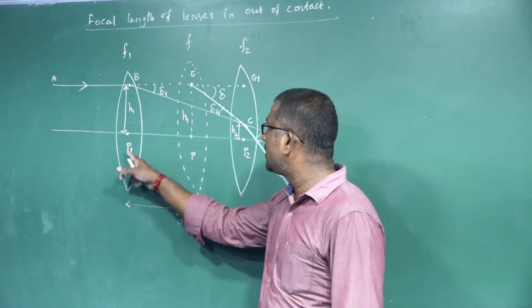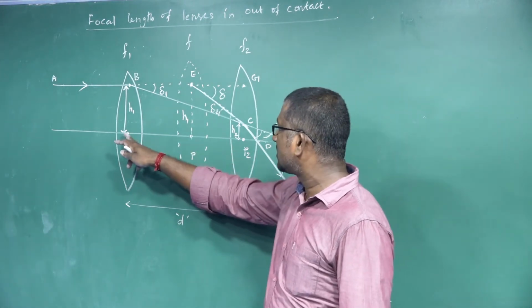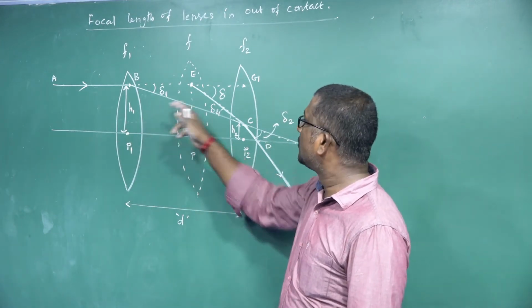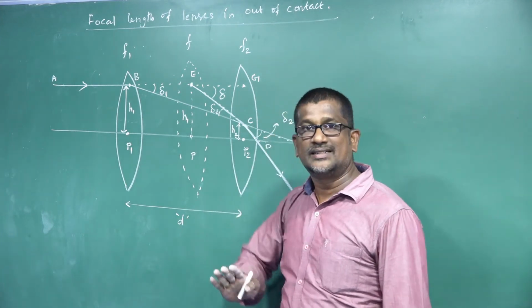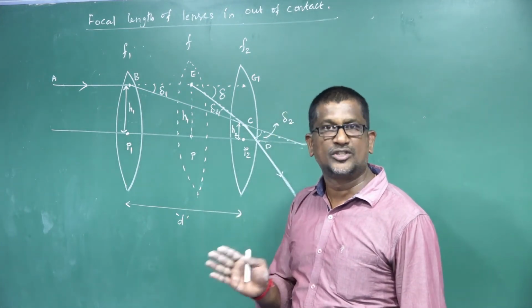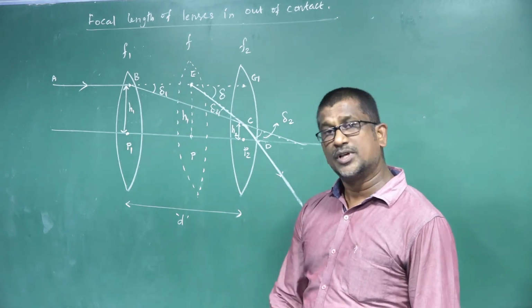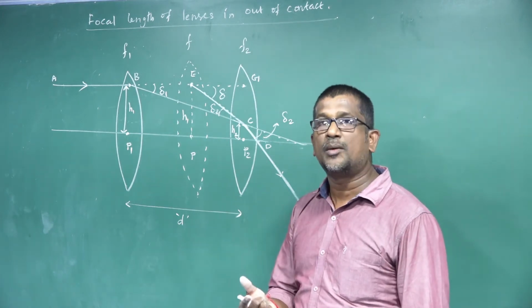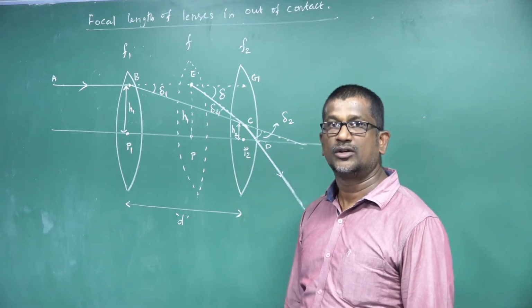Here P1 and P2 are the optic center of the first lens and the optic center of the second lens. If two lenses are separated by some distance apart, a common optic center cannot be chosen. Suppose the two lenses are brought in contact, then a common optic center is chosen at the middle of the two lenses.